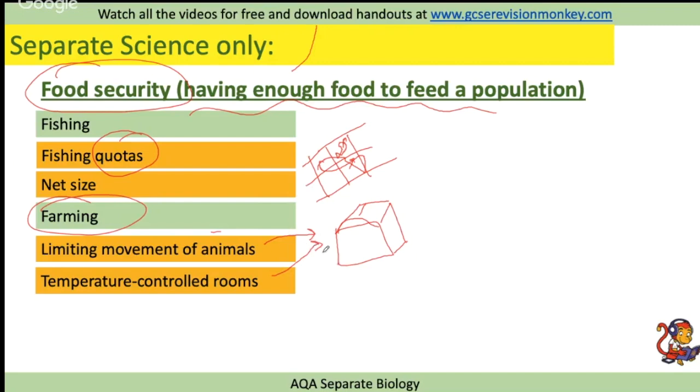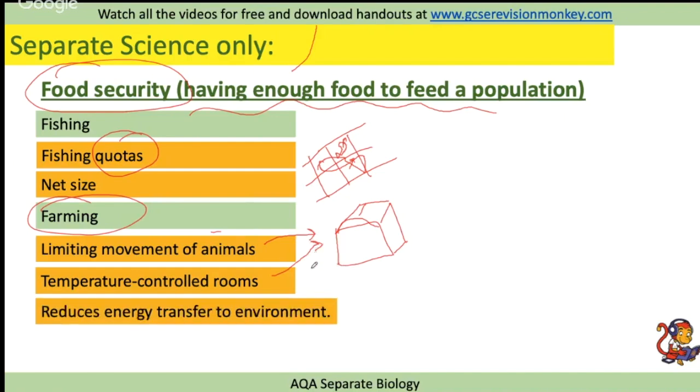They can save energy that way, and therefore there'll be more energy to pass on up the food chain. And both of these reduce energy transfer to the environment.